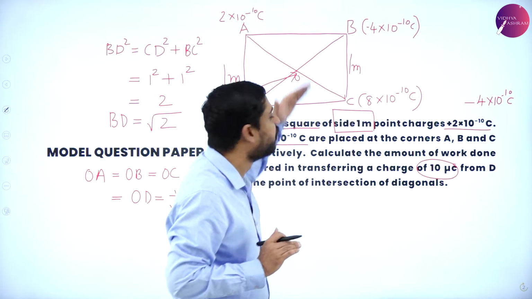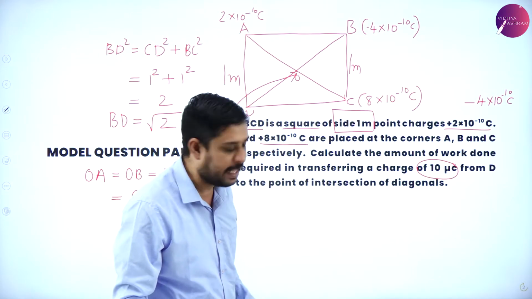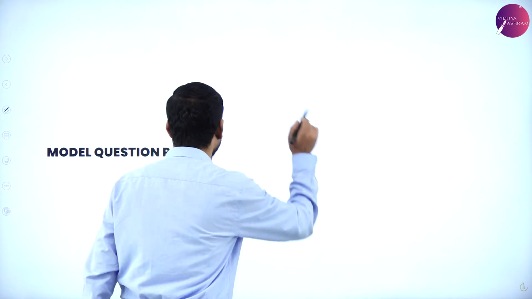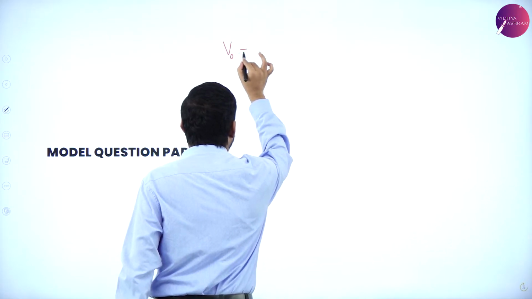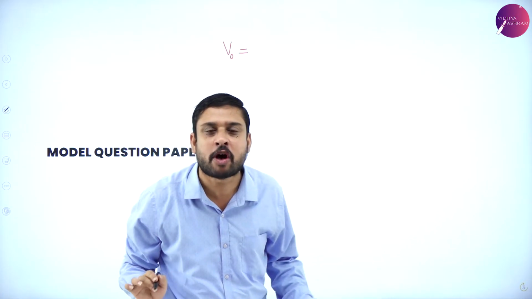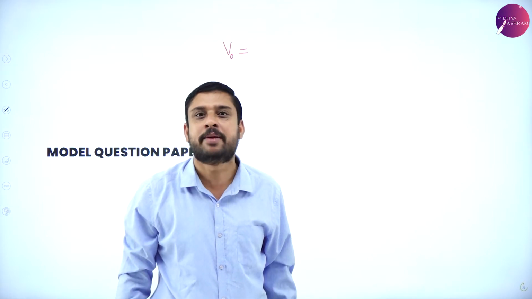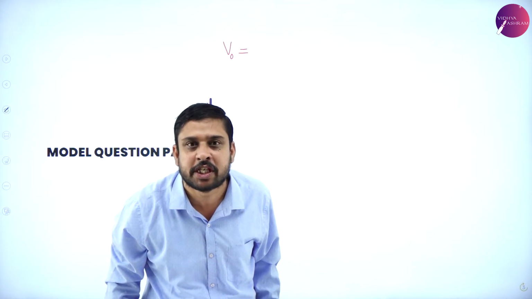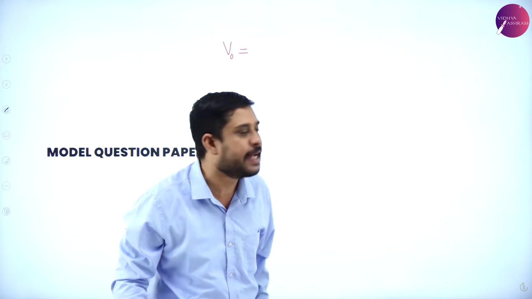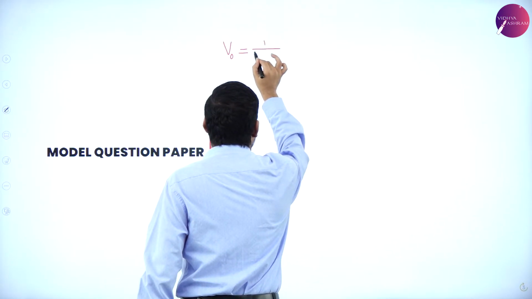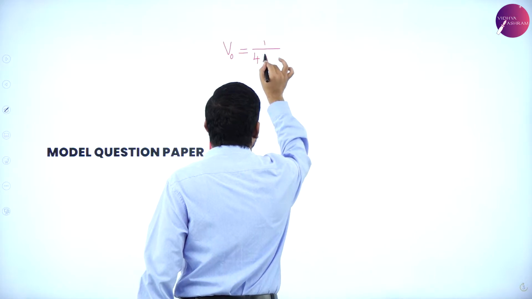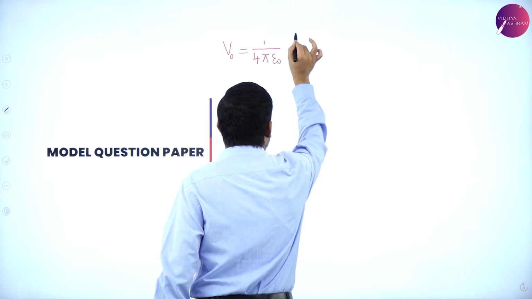It is moved to the point O. Therefore, VO, the expression for potential is 1 by 4 pi epsilon naught charge by distance. So 1 by 4 pi epsilon naught is common.